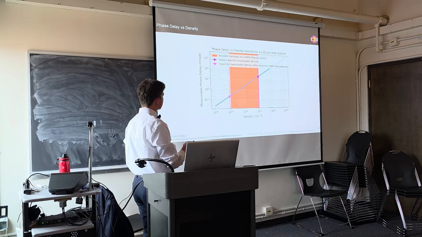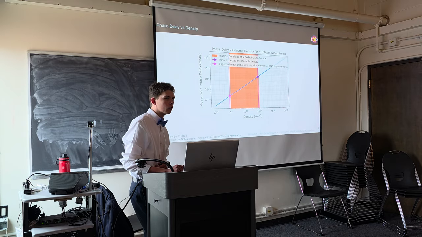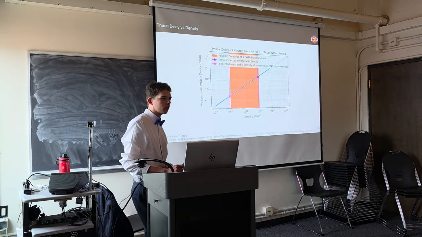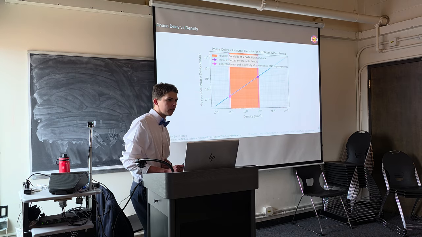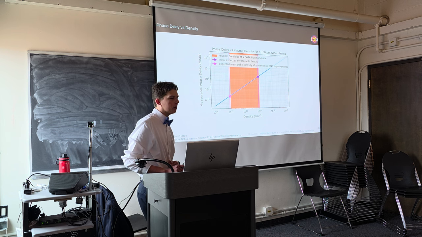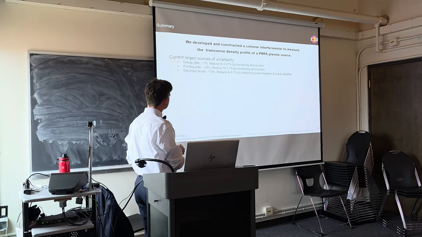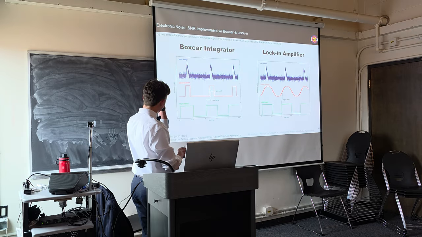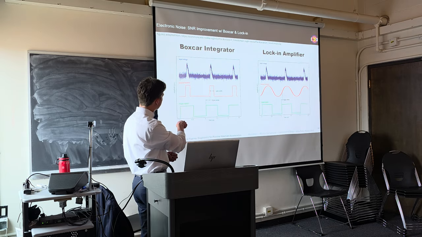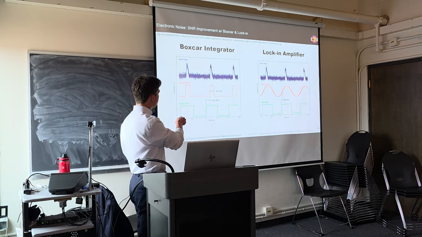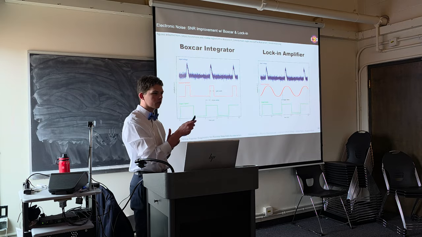So the easiest one to reduce is probably the electronic signal to noise ratio. Those are some very simple techniques that already exist: just a lock-in amplifier and a boxcar integrator. Those are electronic techniques that basically focus in on specific frequencies. With the boxcar integrator, you can choose a box to integrate over where you know your signal is, and that will increase your signal compared to all of the noise.